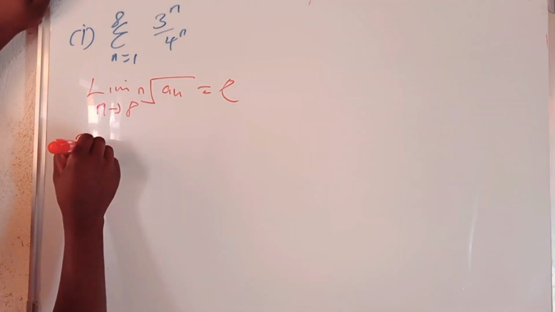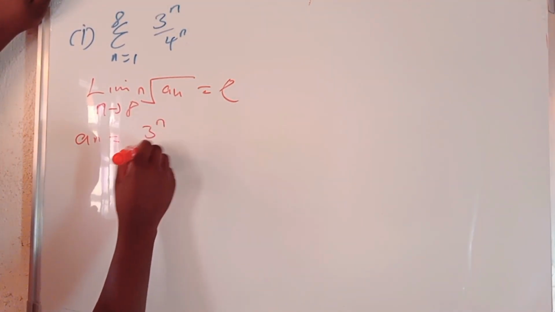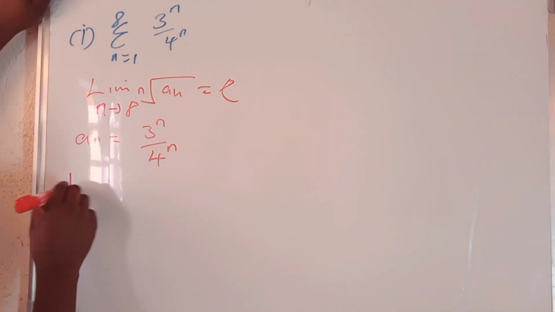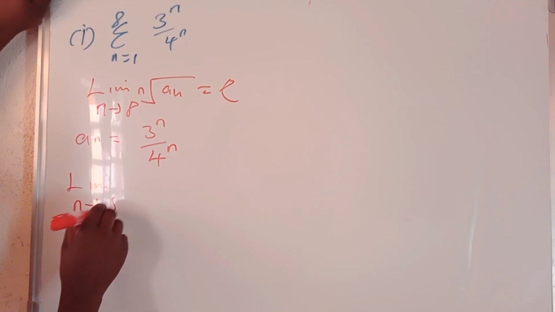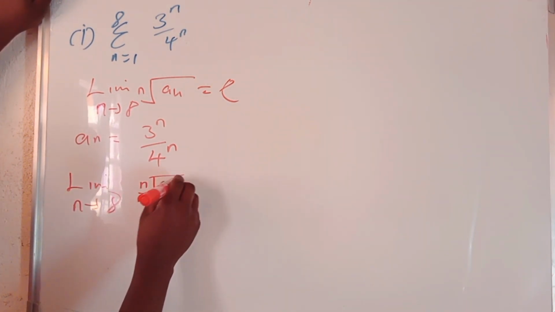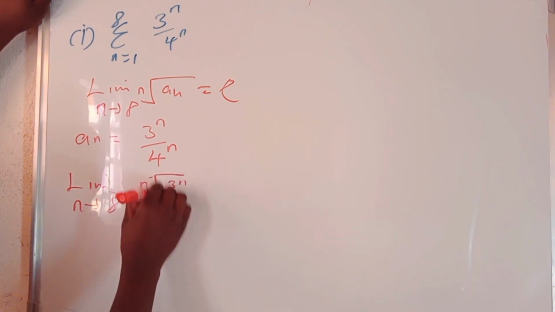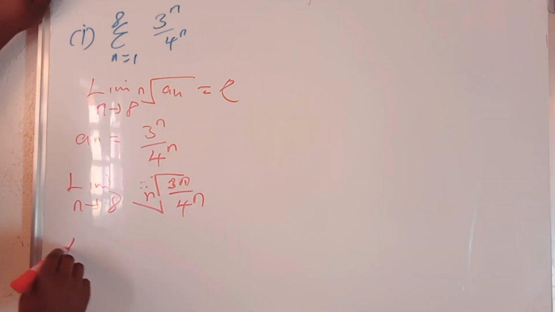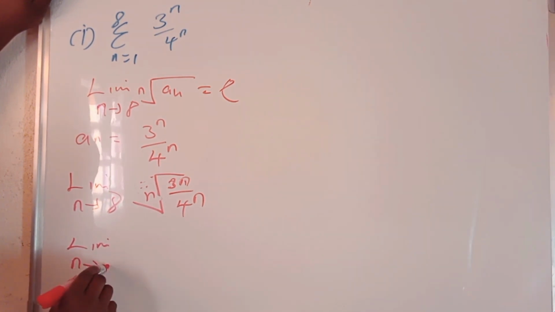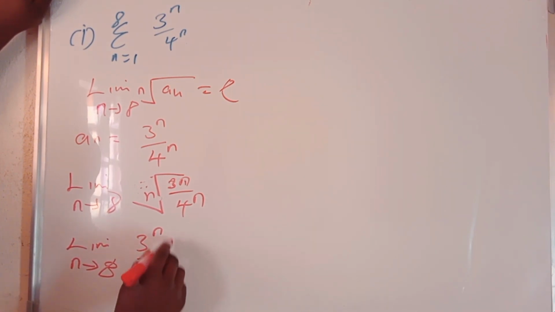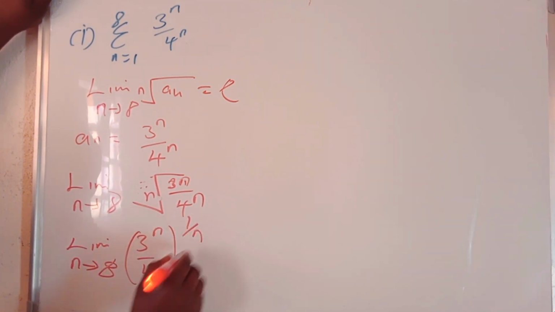So your a_n is equal to 3^n divided by 4^n. So the limit as n approaches infinity of the nth root of 3^n over 4^n is the limit of 3^n over 4^n, all raised to the power 1 over n.